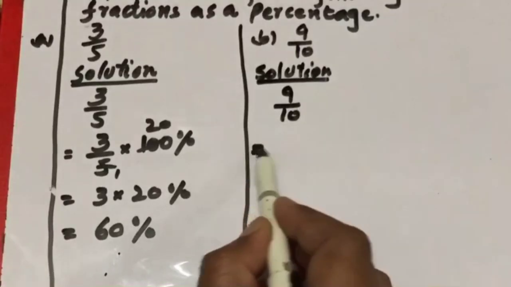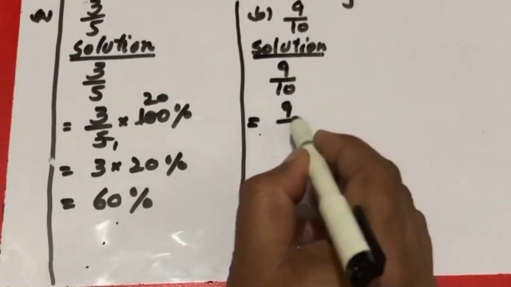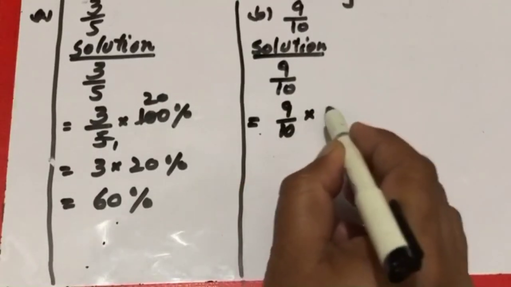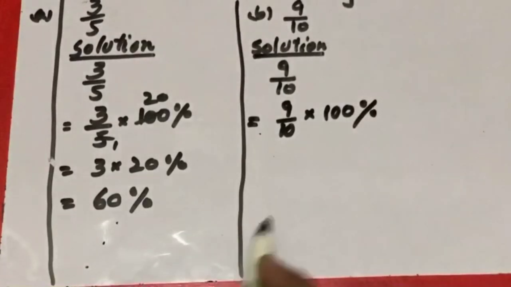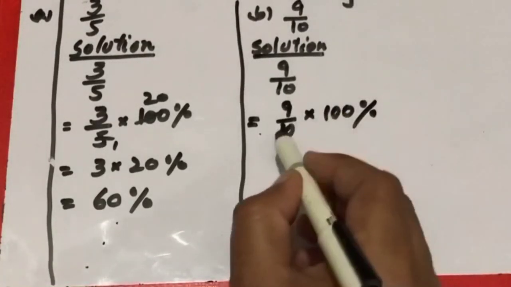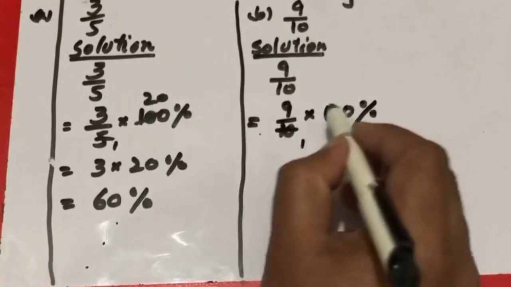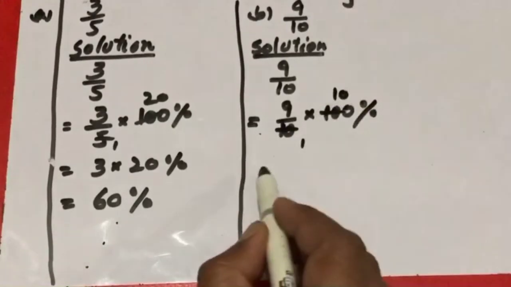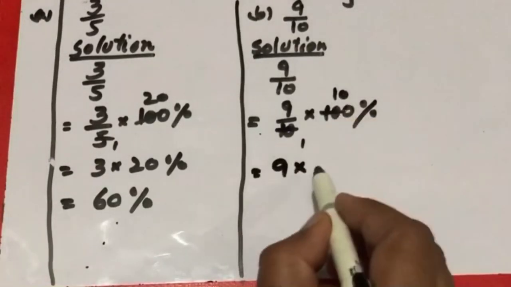Now we are going to multiply this fraction by 100%. If we cancel out the denominator 10 and the number 100, 10 ones are 10 and 10 tens are 100. So we will have 9 multiplied by 10%.